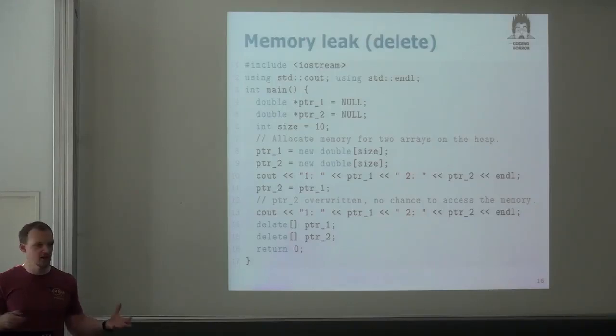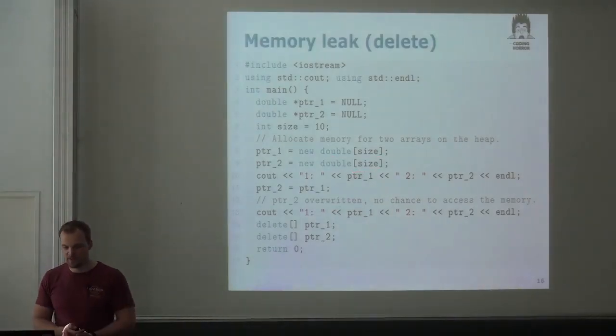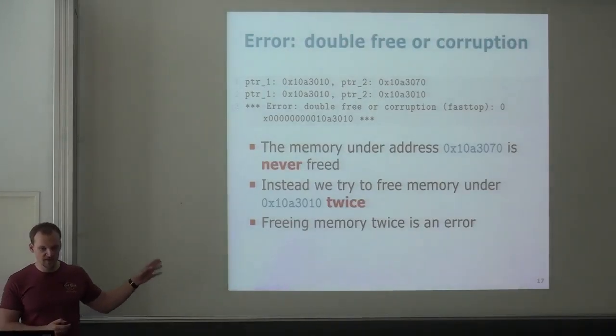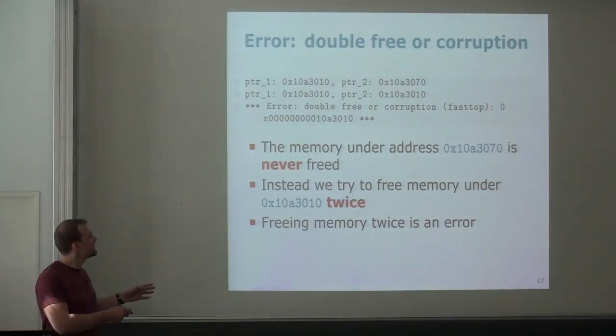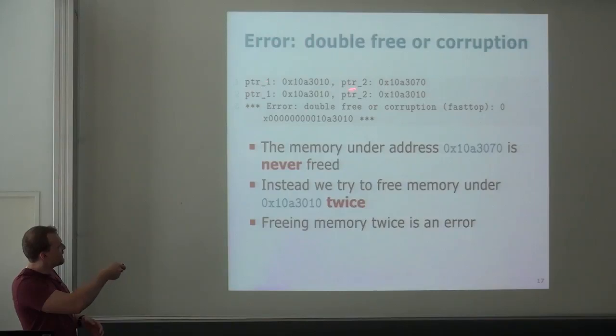We cannot free the memory that pointer 2 originally allocated, because we're not pointing to that. So you can see this is the output: pointer 1, pointer 2, and now they point to the same memory.